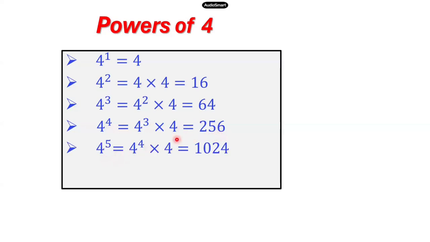Then 4 to the power 5 will be 256 multiplied by 4, so 1024. And for 4 to the power 6, you need to multiply 1024 by 4, then you will get 4096, and you can continue like this.